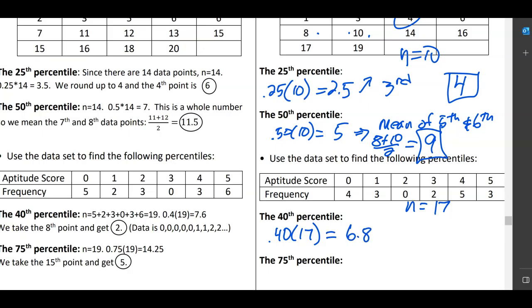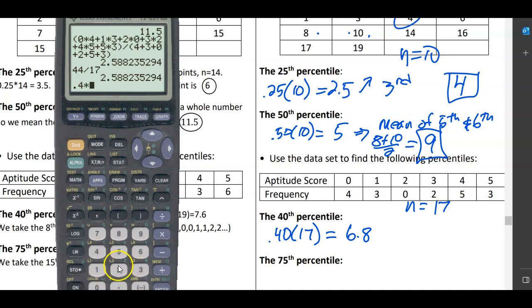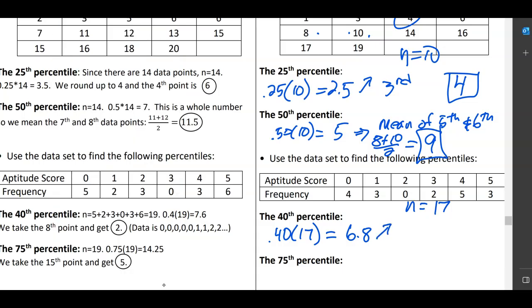I should not trust my brain on review day. .8, and then round up to the 7th. 1, 2, 3, 4, 5, 6, 7. 40th percentile would be a 1. All right.